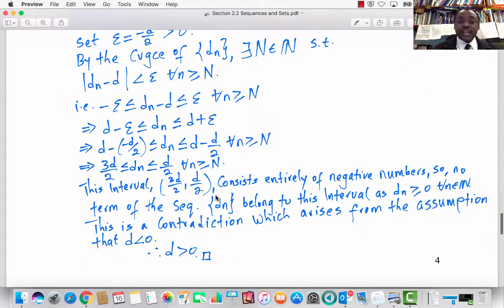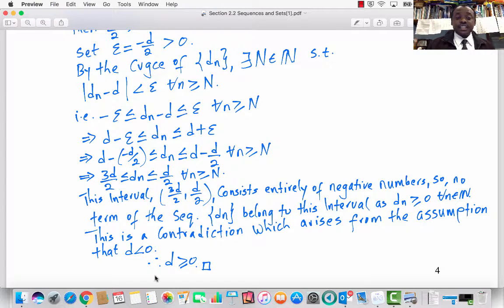And now we have ended up with so many terms, infinitely many as a matter of fact, being negative. This contradiction arises because of the assumption that our limit D was negative. Therefore, D is greater than or equal to 0. Or we say D is non-negative. End of proof, and we're done.